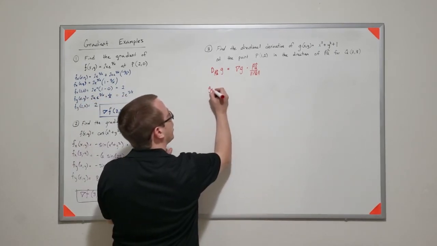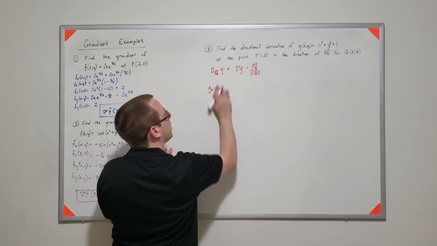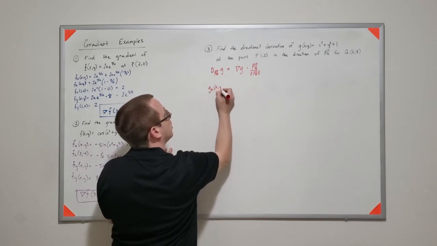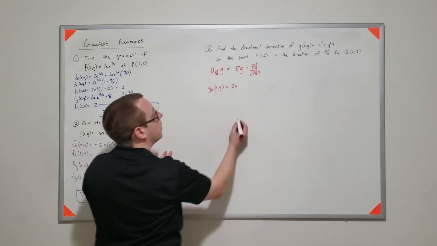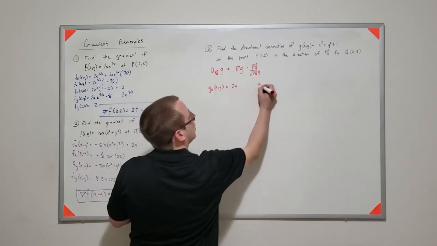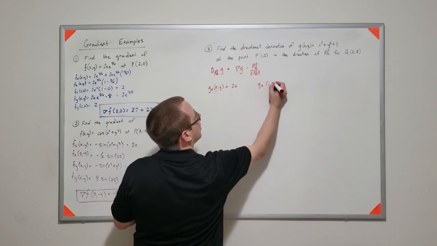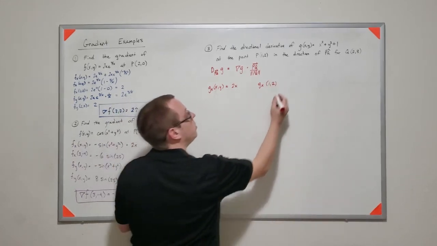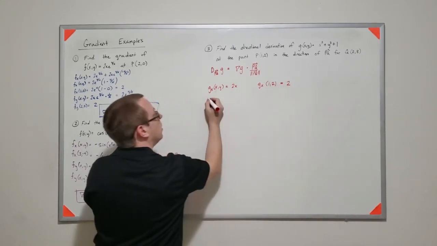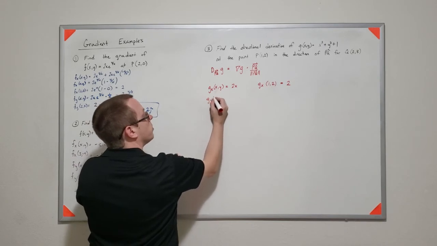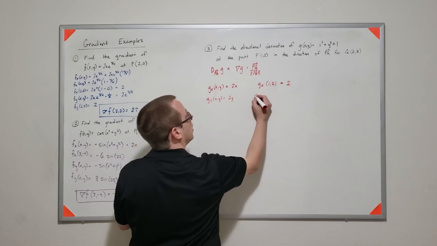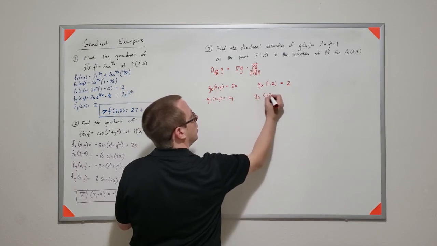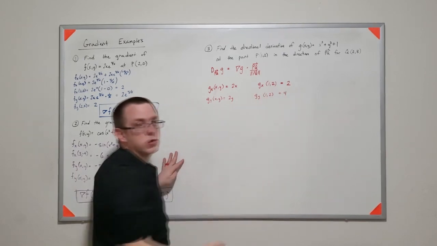So we need to find the partial derivative with respect to x. And we're going to find it at the point 1, 2. So that gives us 2. We need to find the partial with respect to y. It's going to give us 4.